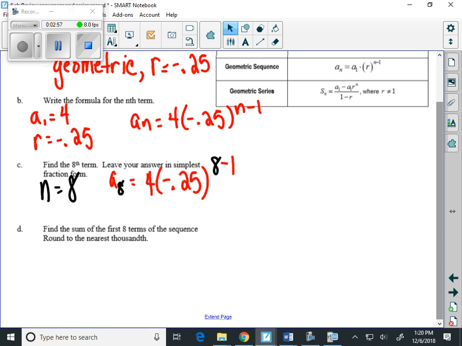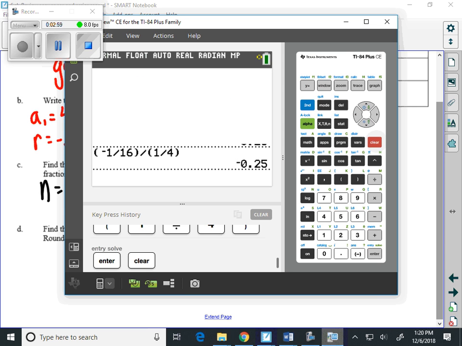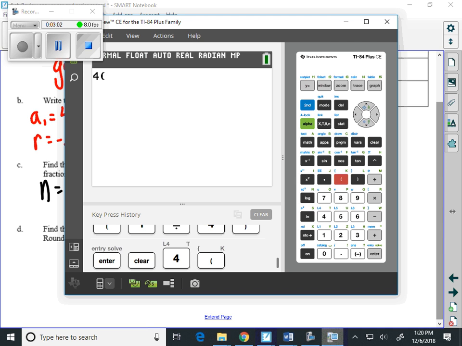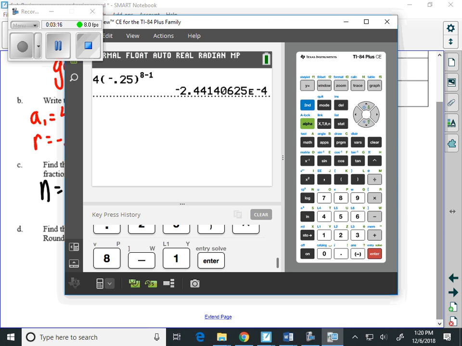When we type this in, 4 times -0.25 to the 8 minus 1. Remember, if you're using an out-of-date calculator, you need parentheses around that exponent 8 minus 1. And we get this number here.